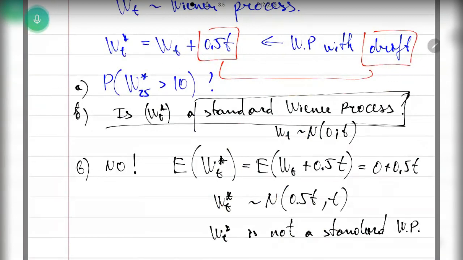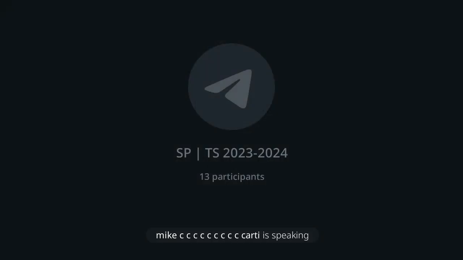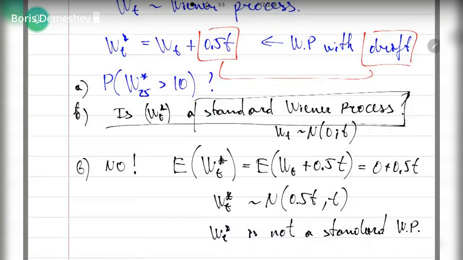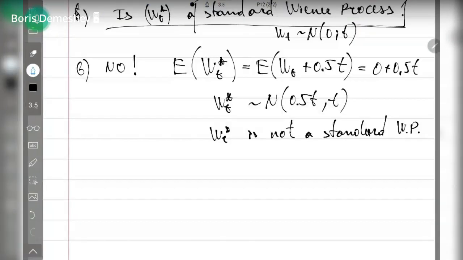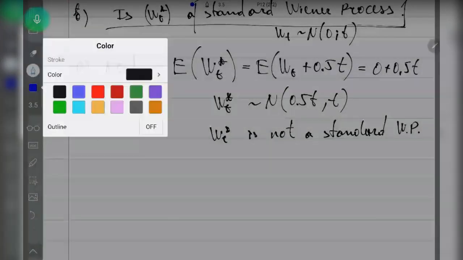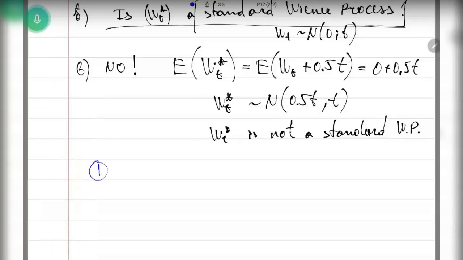Shouldn't every Wiener process have a mean of 0? Yes, we have assumptions for a standard Wiener process. There are 4 assumptions. W0 is 0. Second assumption: Wt minus Ws for a standard Wiener process has a normal distribution with mean 0 and variance t minus s.